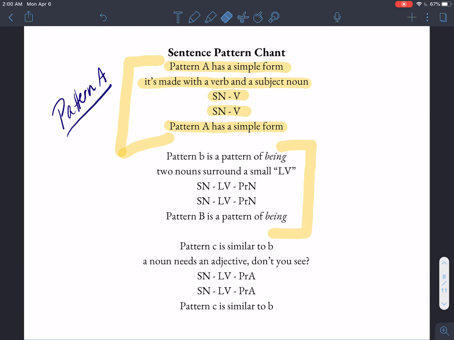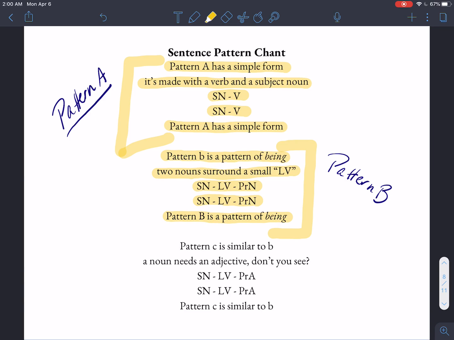I'd like to try that again. Let's do it together. Pattern B is a pattern of being. 2 nouns surround a small LV. SNLV, PRN, SNLV, PRN. Pattern B is a pattern of being. So that is pattern B.